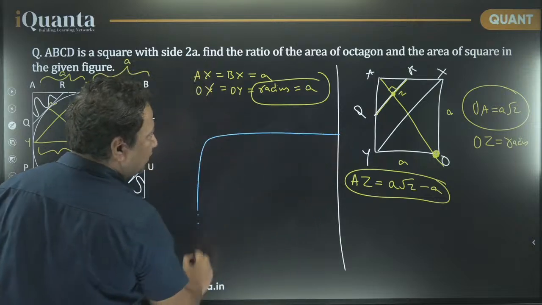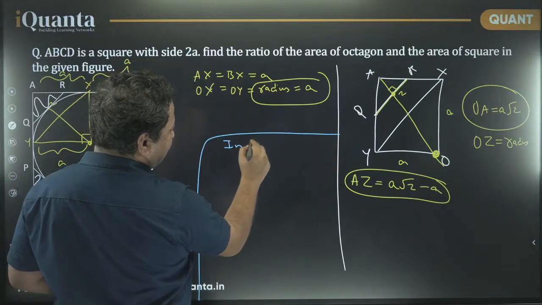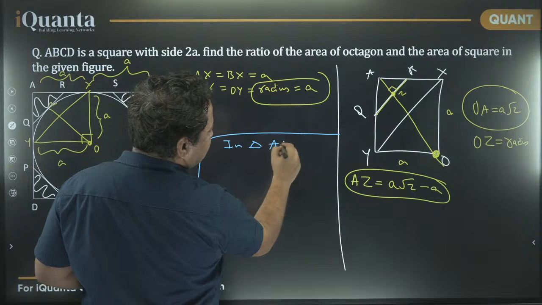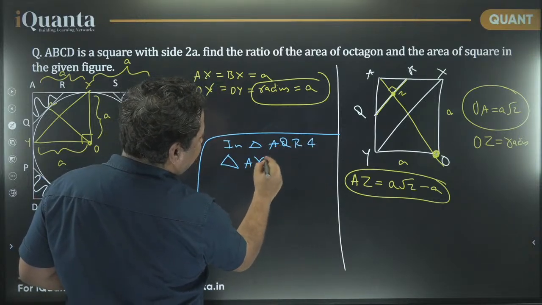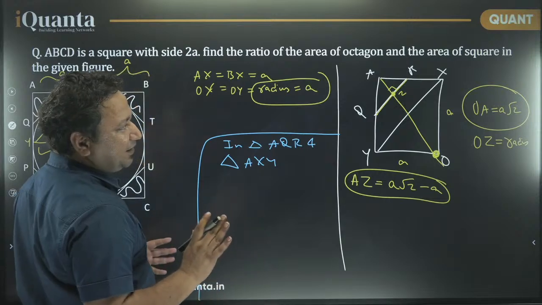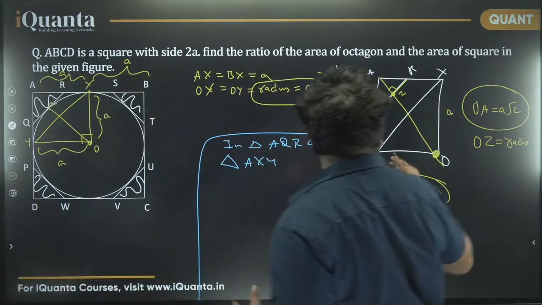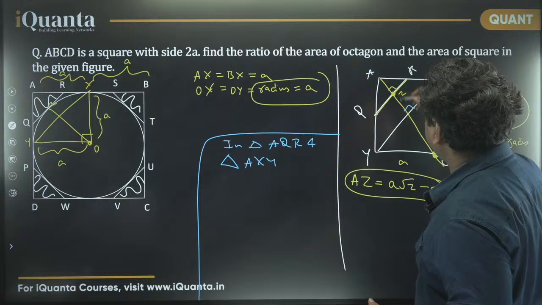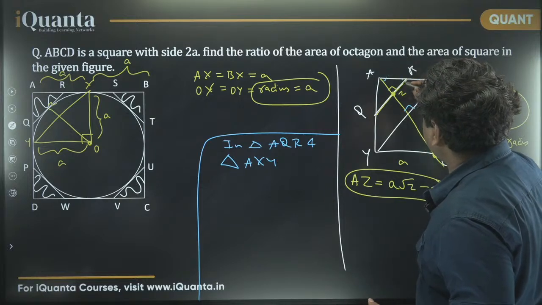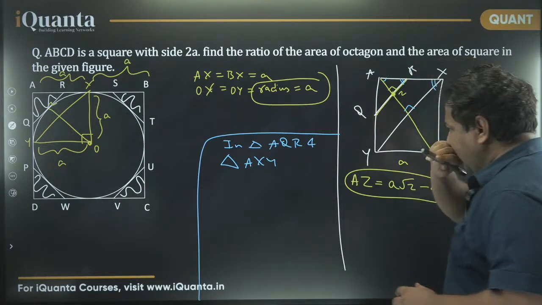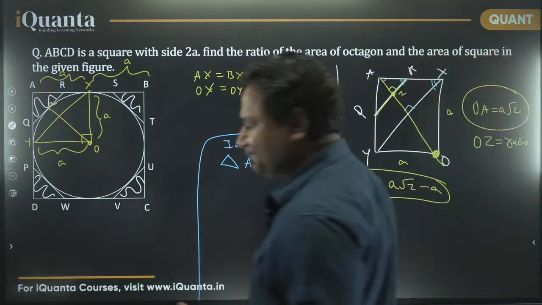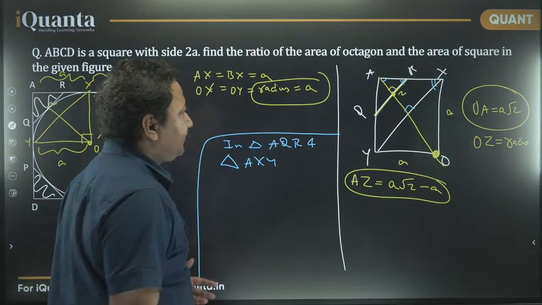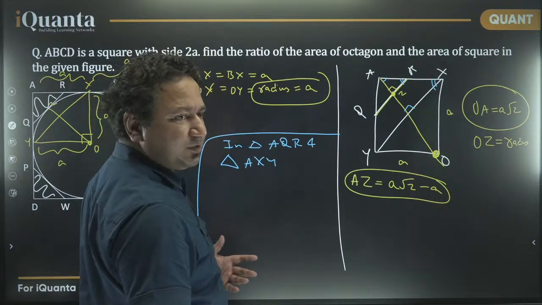यहाँ पे करूँगा मैं with blue ink. In triangle AQR and triangle AXY, are they similar? देखो ये भी 90 है, ये भी 90 है. This angle is common to both. This will also be equal. They are similar triangles, right? When triangles are similar, all the sides also proportional.